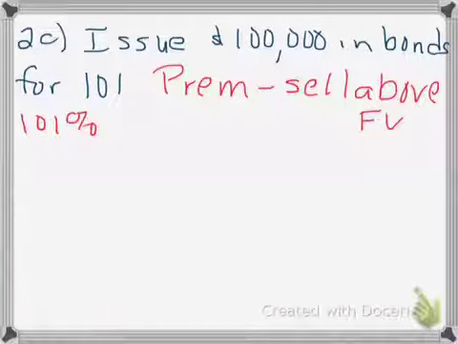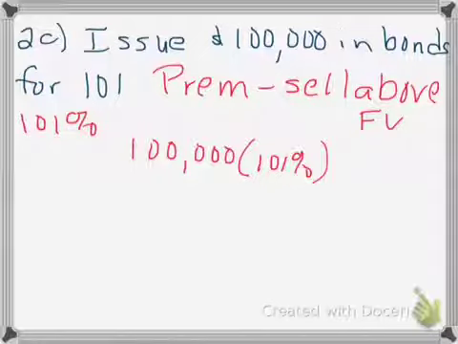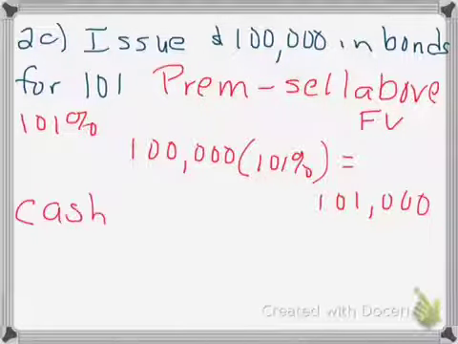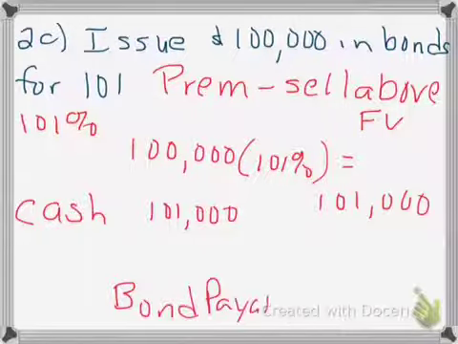So to find the amount of cash that we would get in, we would need to take the face value of this bond, multiply it by that 101%, and when we do that, what we are going to get for our total is $101,000. So here we are going to have cash coming in at $101,000. That bond payable will be at the face value, which is $100,000.